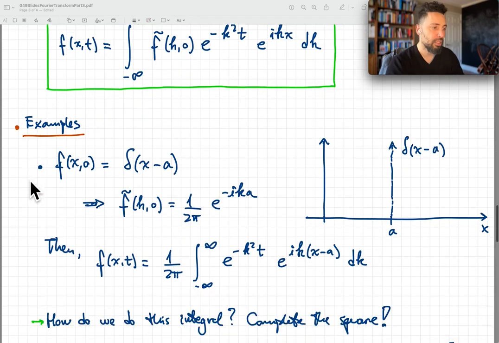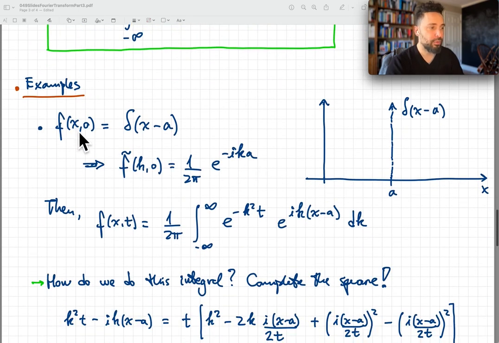So as an example, suppose that we're given this type of simplified case where the f of x comma 0, the initial profile, is so concentrated around a point that we can model it as a delta function. Suppose then that our function is essentially 0 everywhere except at one point, where somebody hits the system with a hammer or inserts a high concentration of chemicals or whatever it is, but the majority of whatever is happening in the system at time equals 0 is happening around this point x equal to a.